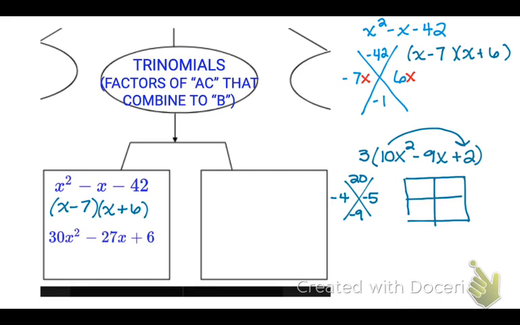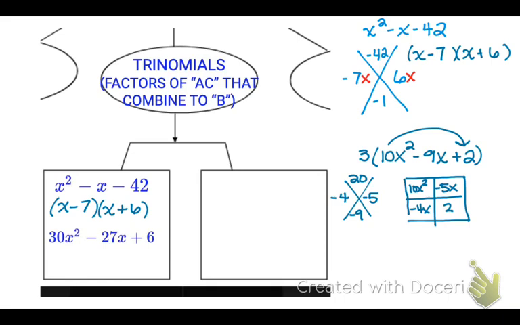So to do this, our first term of that quadratic is going to go in that first box. The 2 goes in the bottom right corner. And then these two factors, it doesn't matter where you place them in the boxes, but we're going to give each of them a box. So that is representing that polynomial inside that box. We've just broken it apart. After you have your boxes, then you take the GCF of each column and each row.